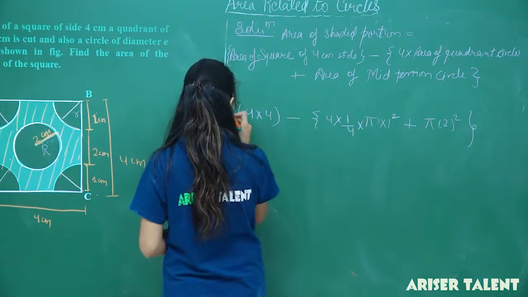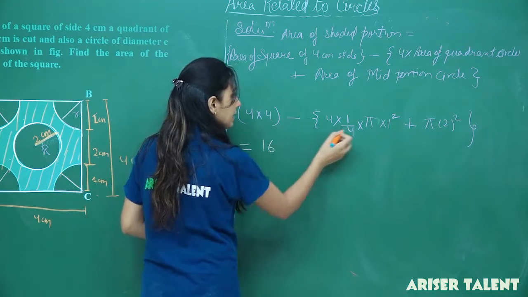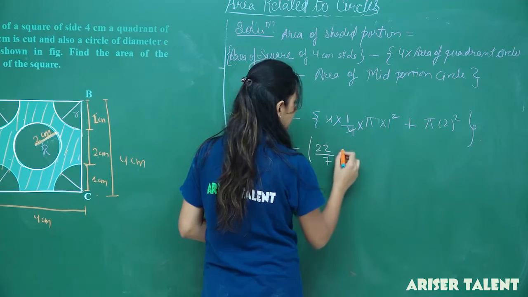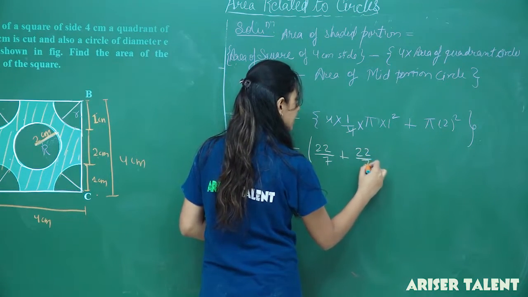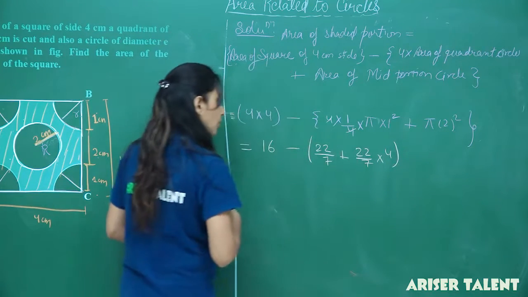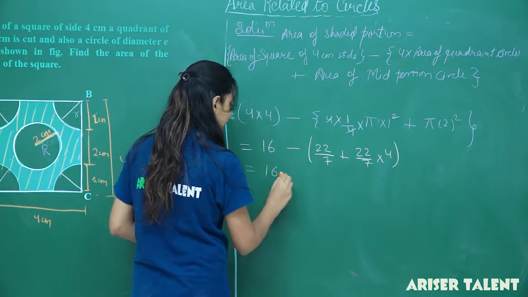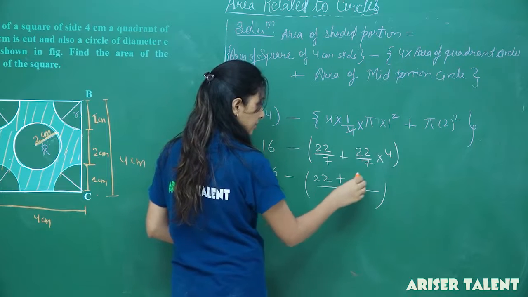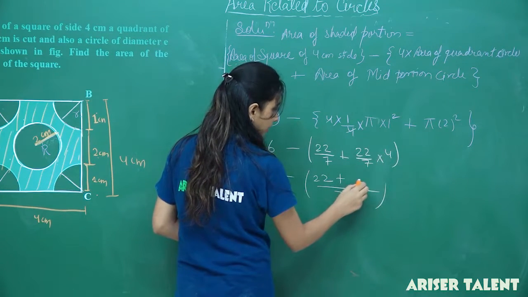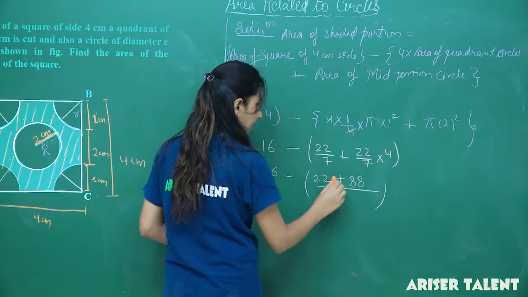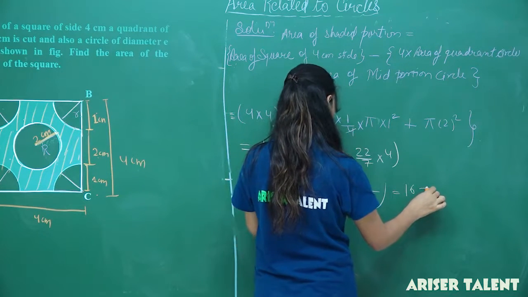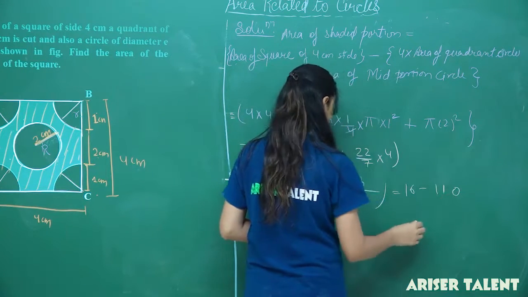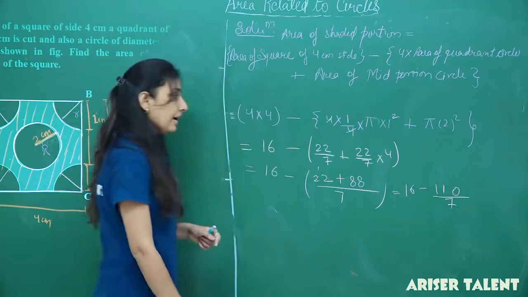So, I can calculate it: that will be 16 minus 22 by 7 plus 22 by 7 times 4. Okay, students. Now when I calculate this, that will be 22 plus 88, so 110 by 7.